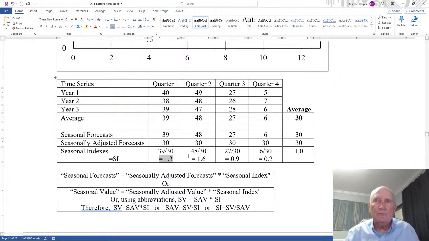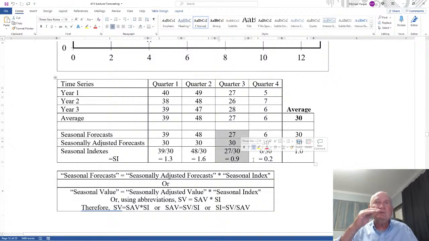The second quarter, I take 48 over 30 as 1.6. So the seasonal contribution in the second quarter is increasing my seasonally adjusted by 60%. 60% of 30 is 18. 18 plus 30 is 48. Now notice the third quarter, it's less than 1, or 0.9, so it's going to be less.